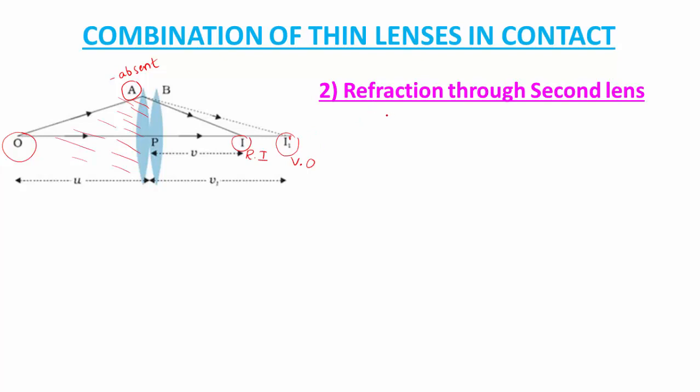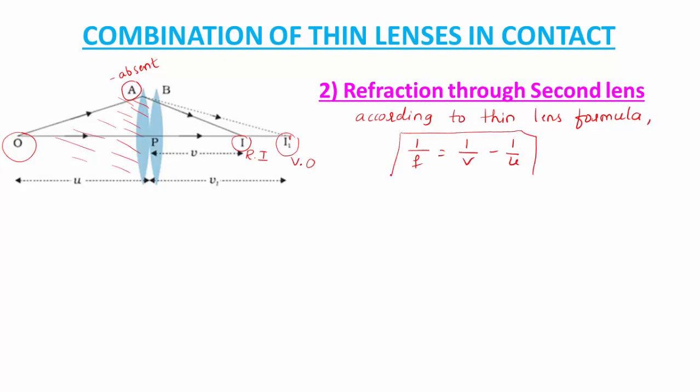Now again according to the thin lens formula, we have the equation: 1 by f equal to 1 by v minus 1 by u. Again use this standard equation in the second case.